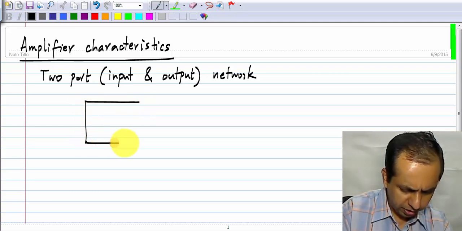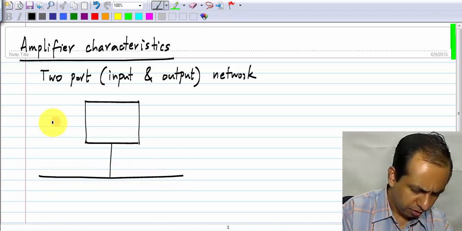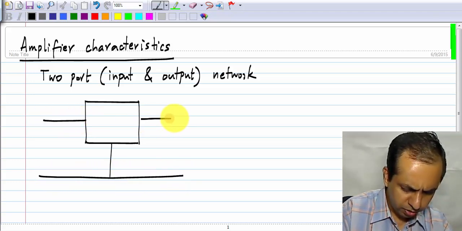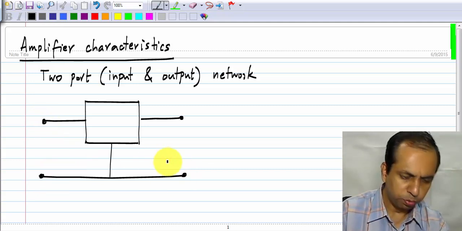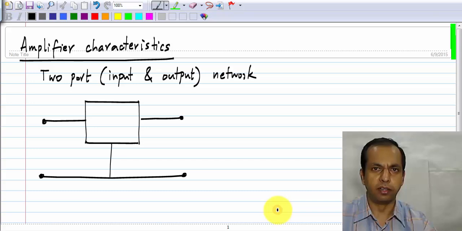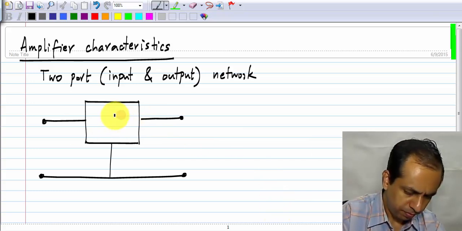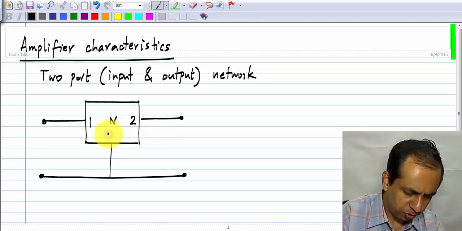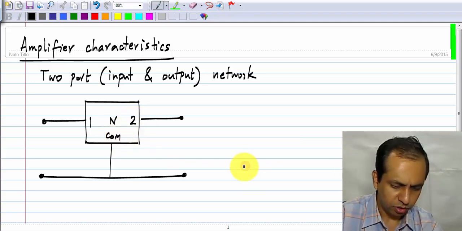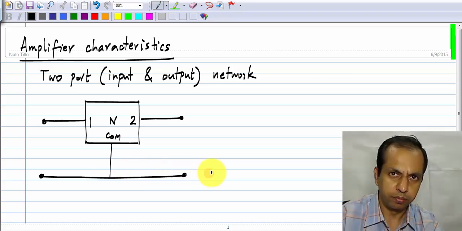And let me consider, just for simplicity, a 3-terminal 2-port network like this. You would have seen representations of such a 2-port in your basic electrical circuits class. And this is port 1, port 2, and this is the common terminal. Okay.